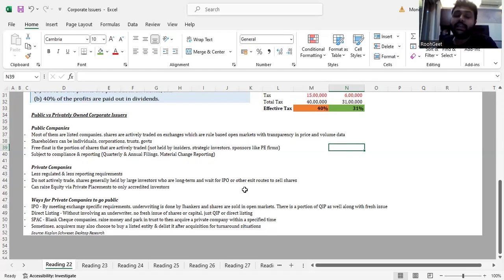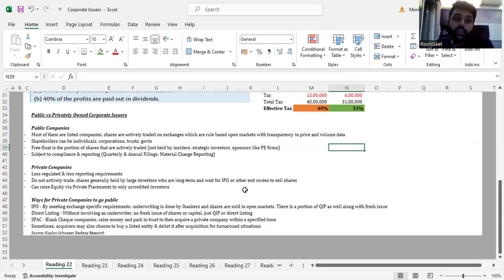One cannot cheat them, and that is why SEBI or any regulatory arm is so stringent when it comes to a company going public. Okay, that is why the rules are such that they protect the retail investors.